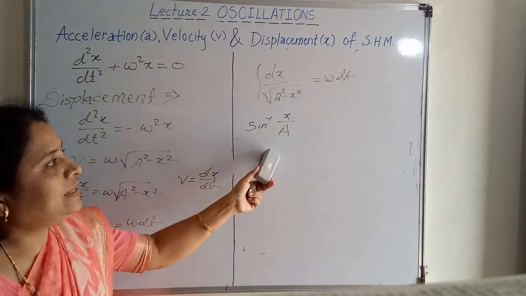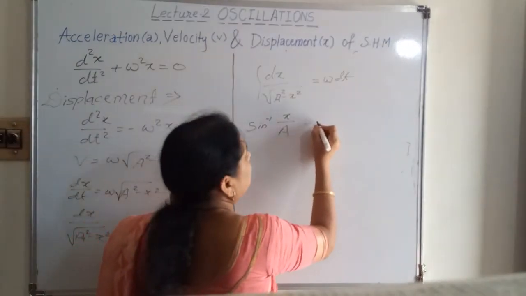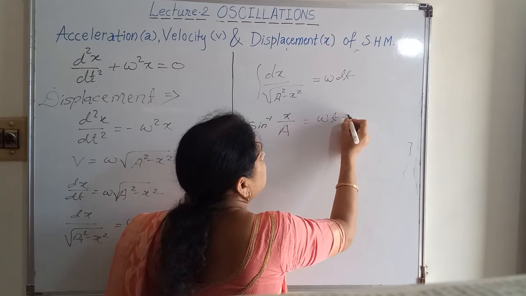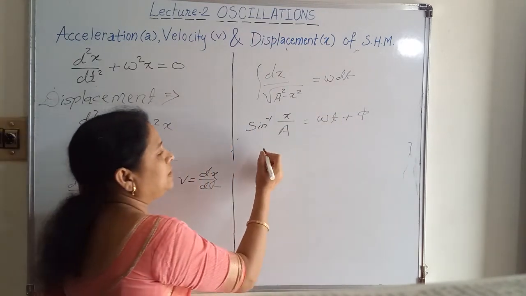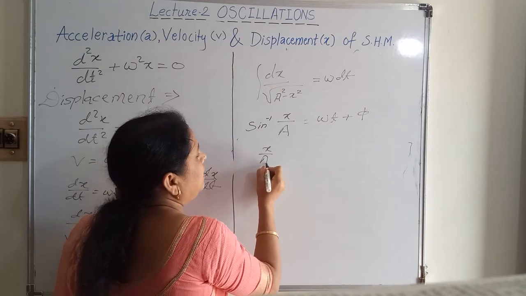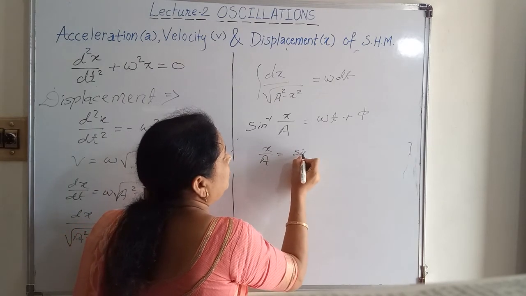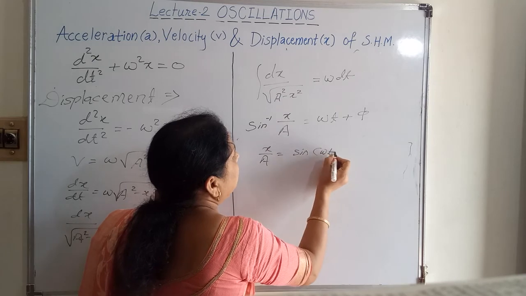Now sine inverse x upon A is equal to omega t plus a constant, and we use here the constant phi. From this we can say x upon A is equal to sine of omega t plus phi.